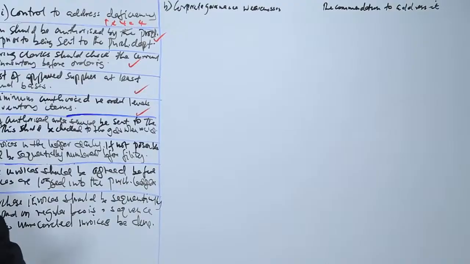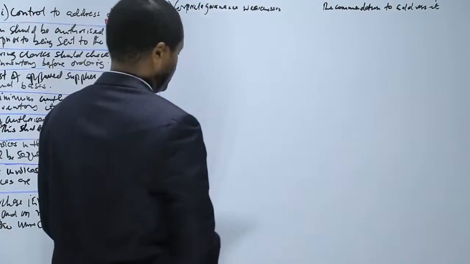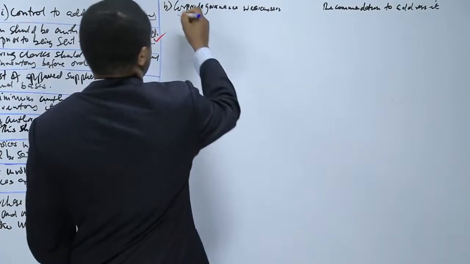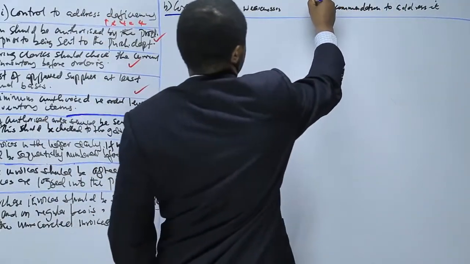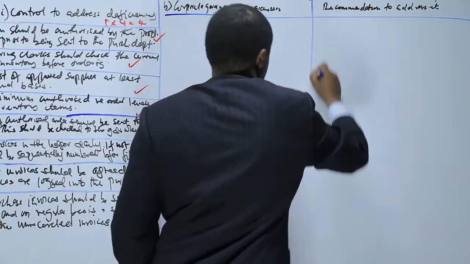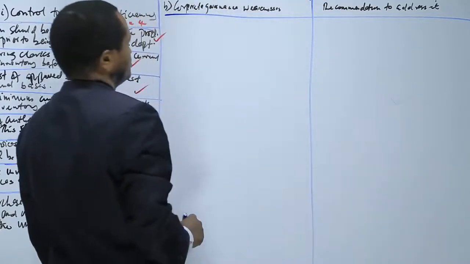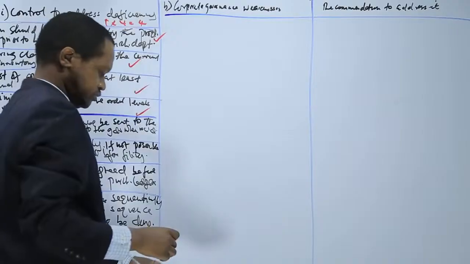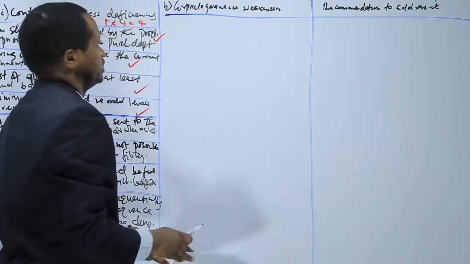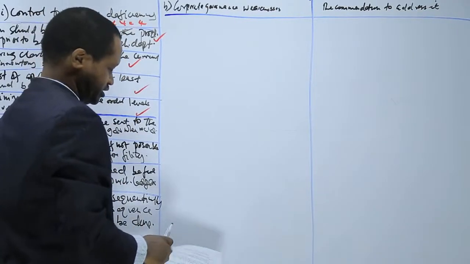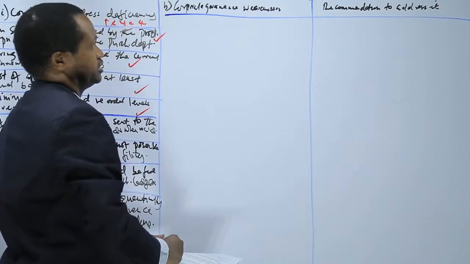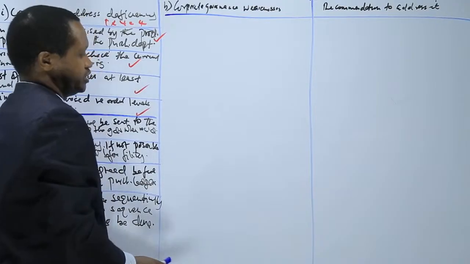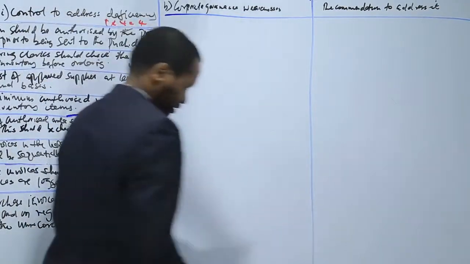I'll use my blue pen. These are 2 columns. On one column, we'll identify the corporate governance weaknesses, and the other column we will suggest recommendation to address the weakness.